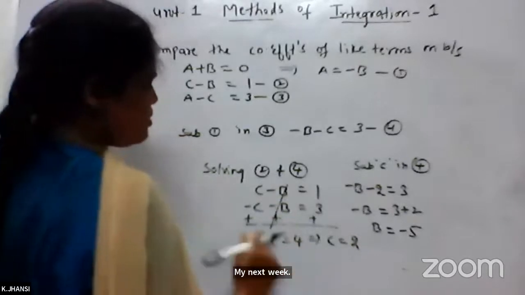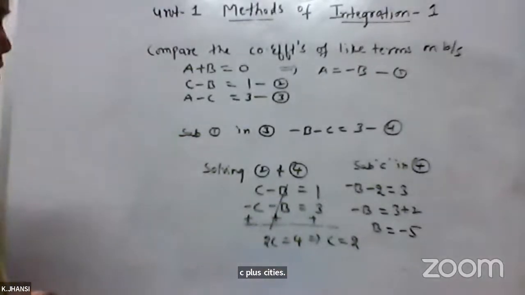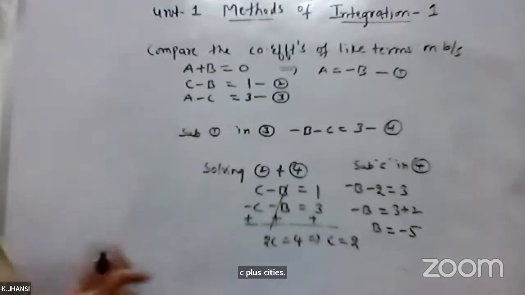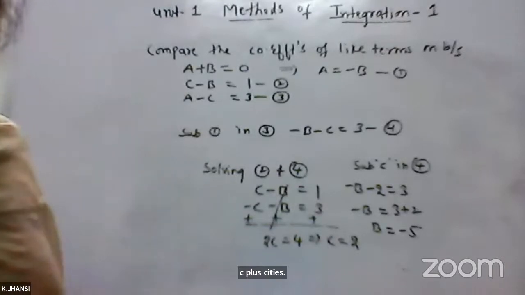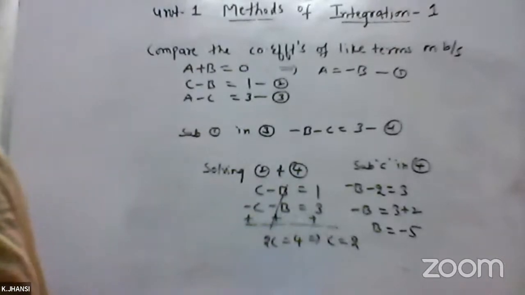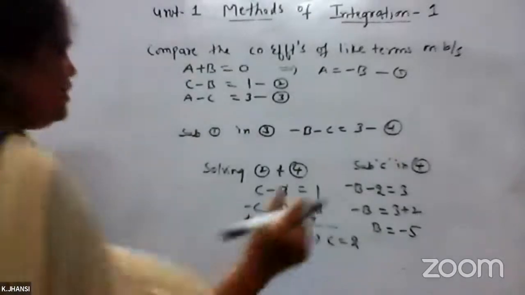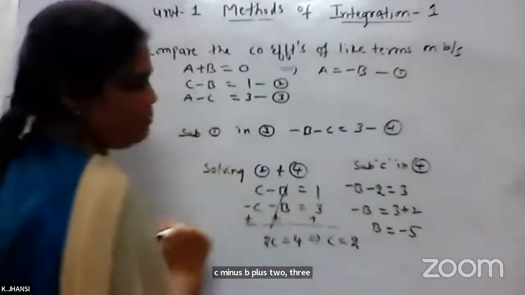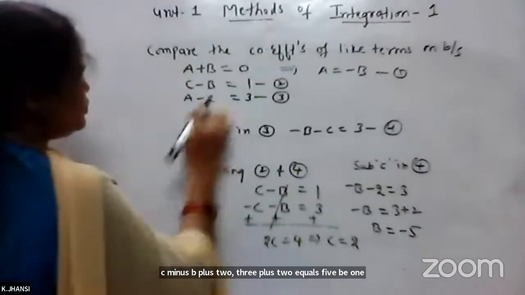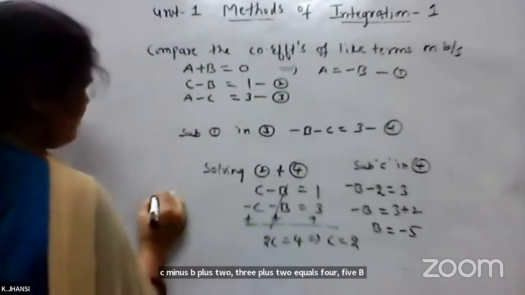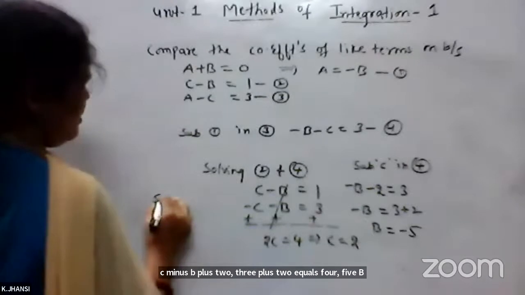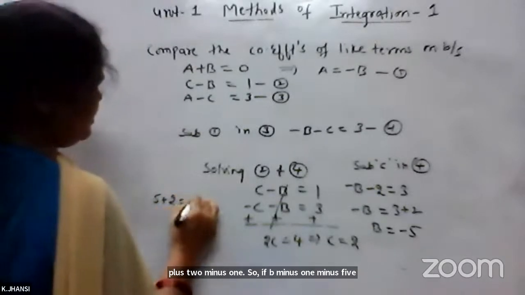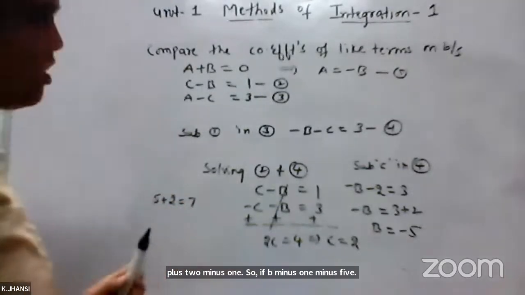So C value is 2. Actually, here we got a C value as -1. Okay, we'll see. Minus B equals to 3 plus 2 is equals to 5. B equals to -1. So, if B is -1 means 5. 5 plus 2, we need 7.